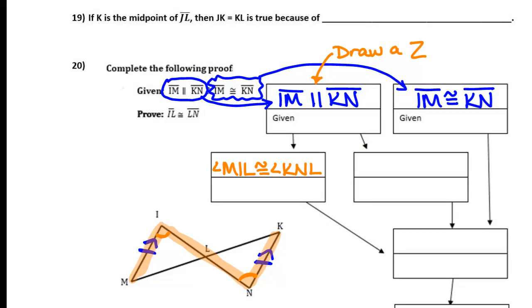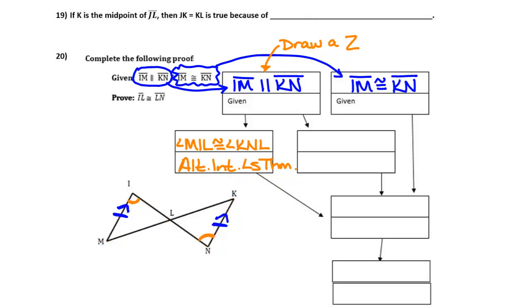Because those angles are what type of angles? Alternate interior. So by the alternate interior angles theorem, we can say that these two angles are congruent. That is not the only Z that I could have drawn. I could have gone the other direction like this.